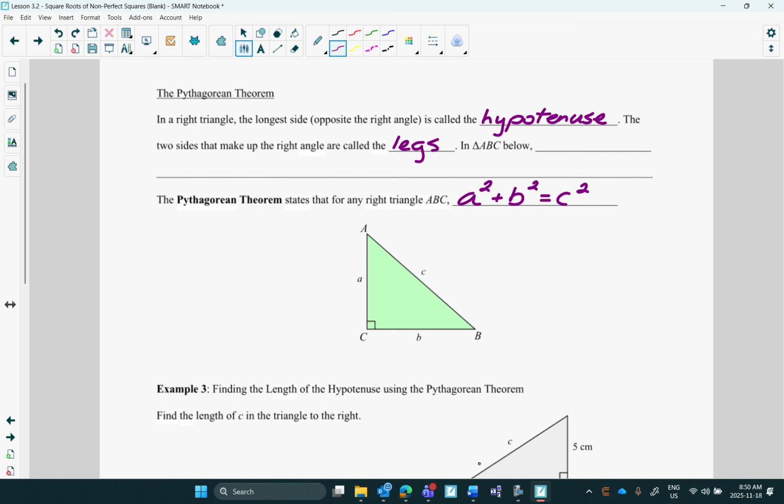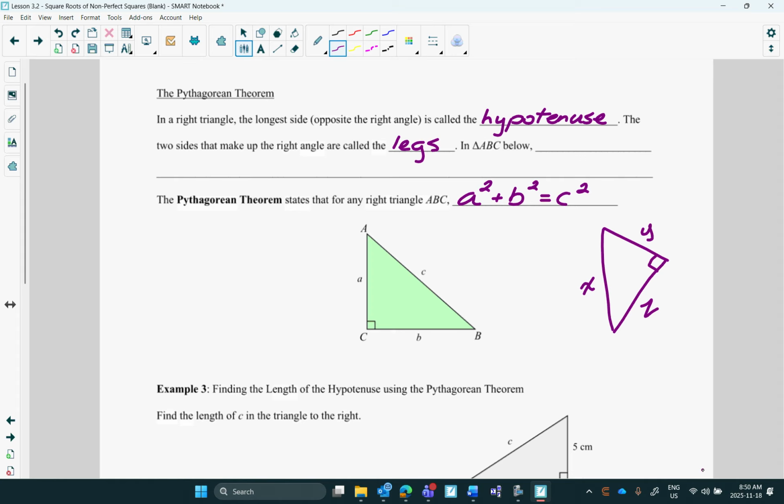So like if I said, tell me a leg. Tell me a hypotenuse. Tell me another leg. Right. The legs always make up the right angle, and by default, the other side must be the hypotenuse.